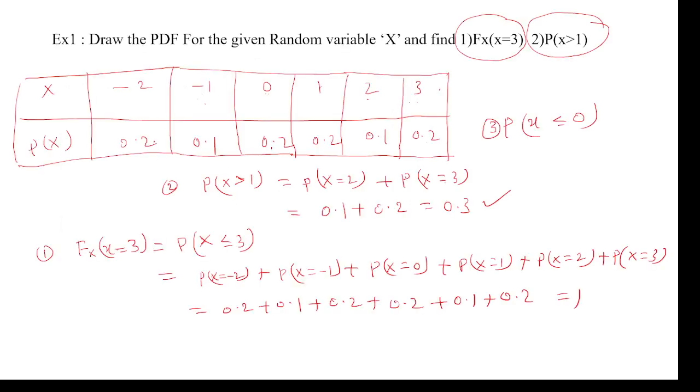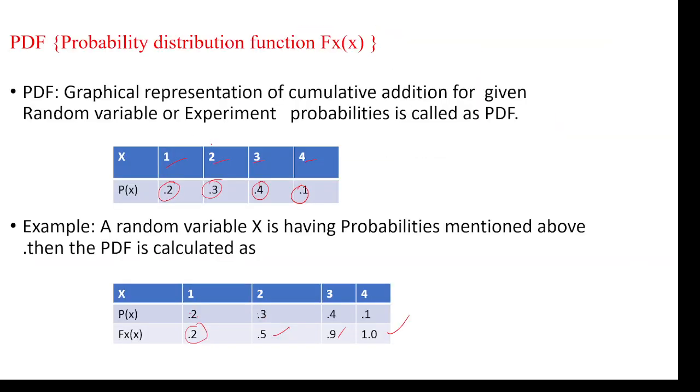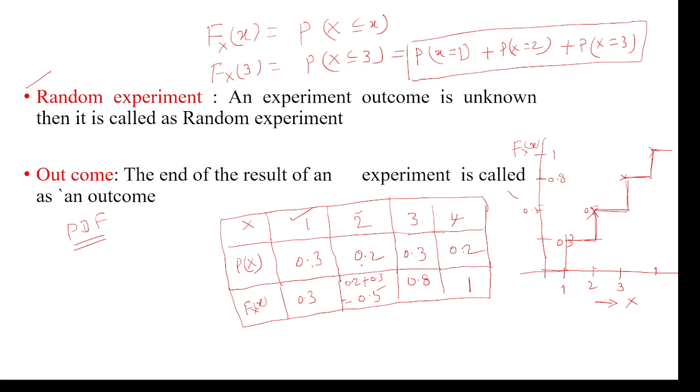You can see here, the distribution is 0.3 here, the next distribution is 0.5 here. Because it is a cumulative addition, that's the reason the present is greater than the previous distribution, always.